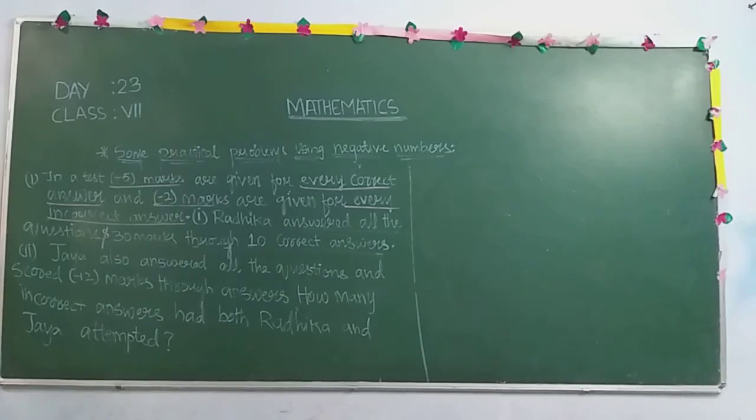Once you get the idea of what is given and what we have to find, definitely you will get the idea of how to find. If you know how to find but you don't know what information is given and what you have to calculate, then there is no use of the process of finding the solution.